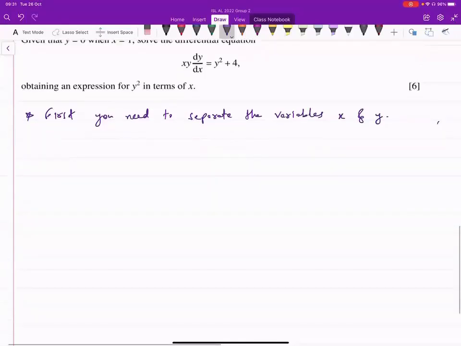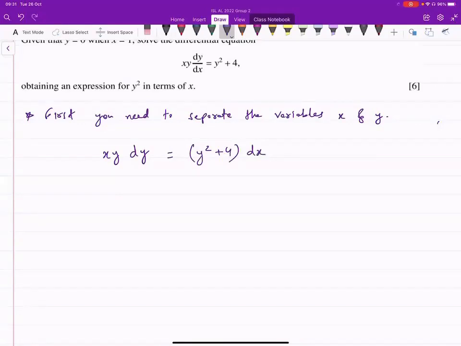How do you do that? dy जिस साइड के ऊपर है वहां पे आपने सारी y वाली टर्म्स ले जानी है, जिस साइड पे dx है वहां पे आपने सारी x वाली टर्म्स ले जानी. ठीक है. So dy is on the left side, as a numerator में वो ऊपर है. dx को अगर आप right पे ले जाओ, you get something like this: xy dy equals y square plus 4. अगर मैं dx को right side पे ले जाऊं, this is what I get.